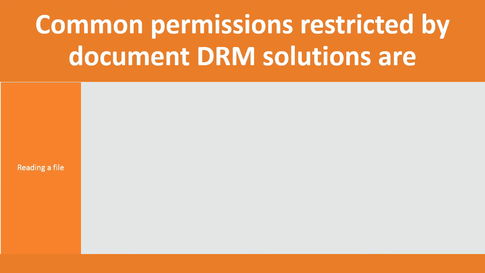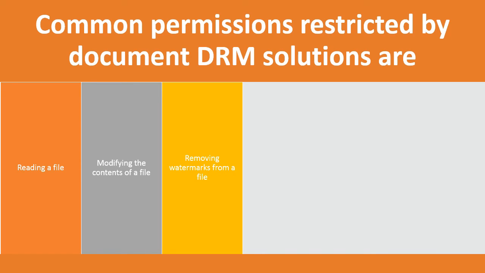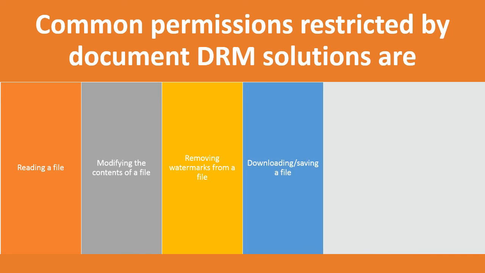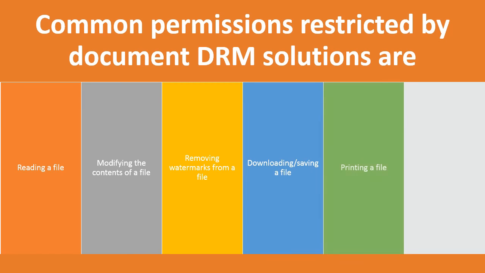Common permissions restricted by document DRM solutions are: reading a file, modifying the contents of a file, removing watermarks from a file, downloading or saving a file, printing a file, and taking screenshots of file content.